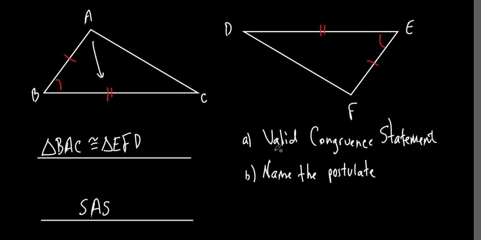Now when it says a valid congruent statement, what if I would have put FED? That would have been wrong, wouldn't it? If I would put EFD or EDF or DEF, or no, EFD is fine. But if I put DEF, that would have been wrong. Okay, that's not valid. It is a congruent statement, but it's not one that's valid. Okay, all the corresponding parts have to match up.